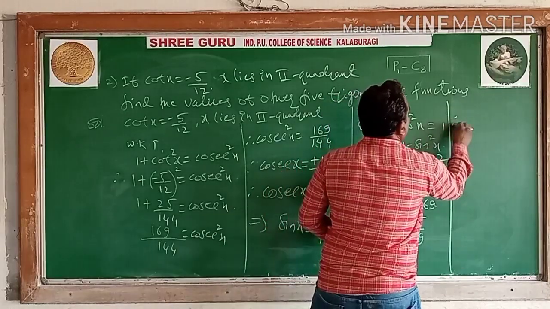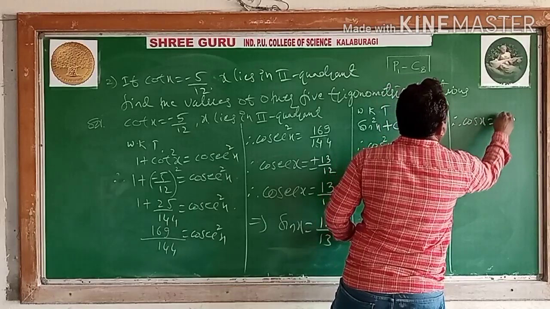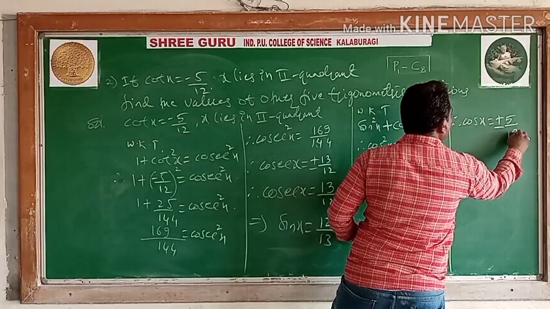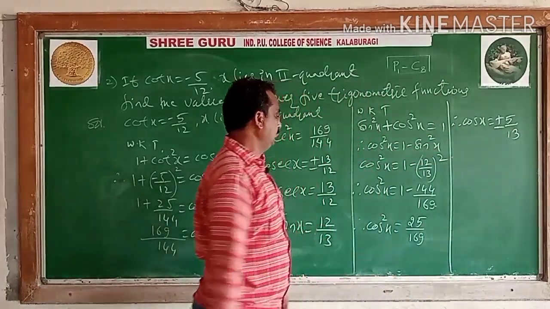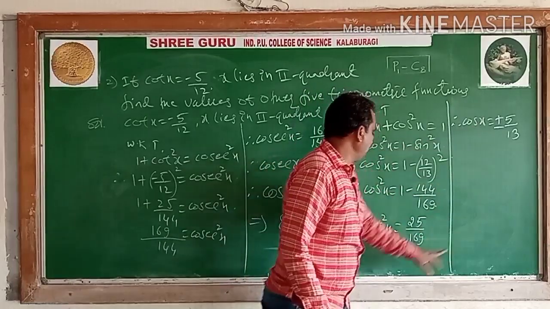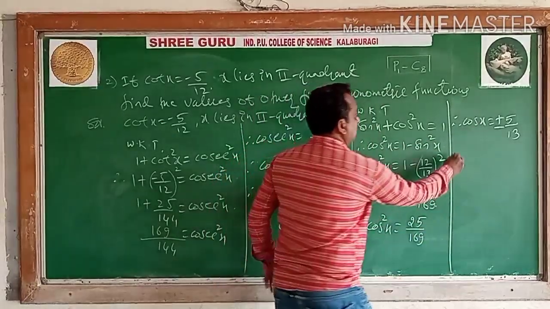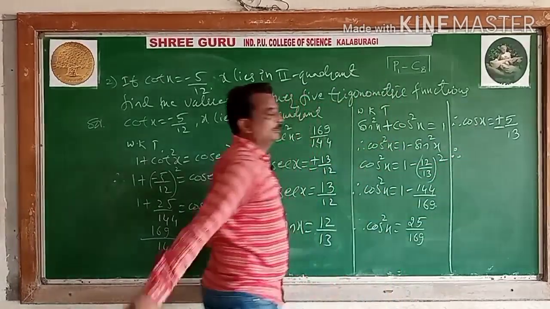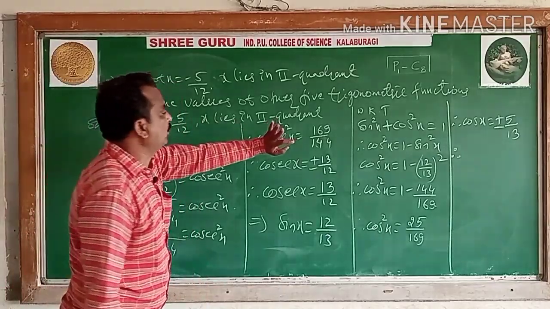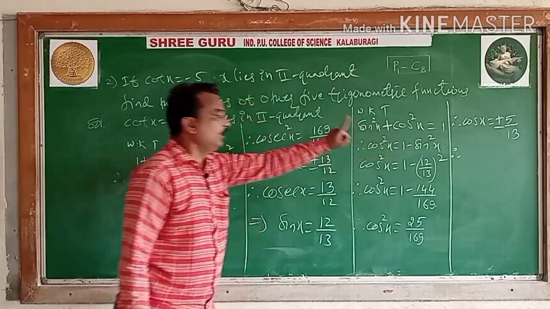Therefore cos x equal to plus or minus 5 by 13. It is a perfect square of 5 by 13. Tell me, students, is cos x positive or negative?